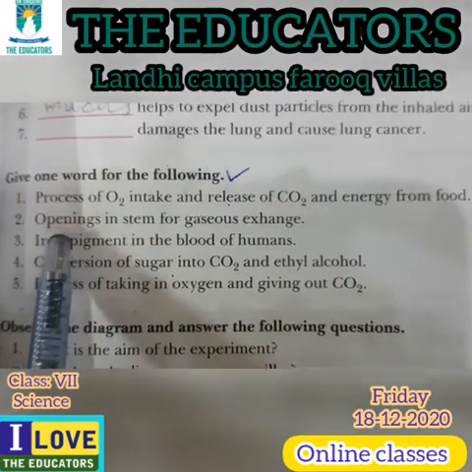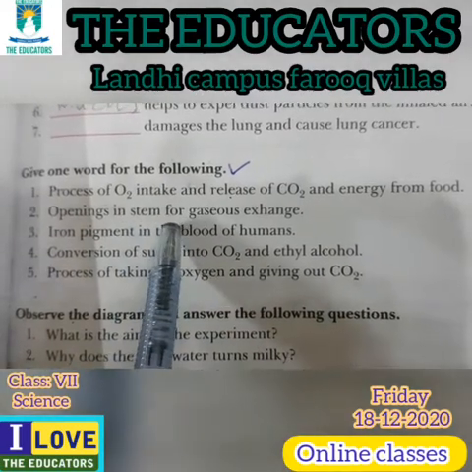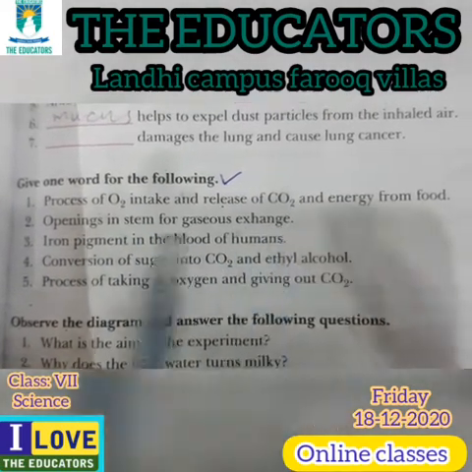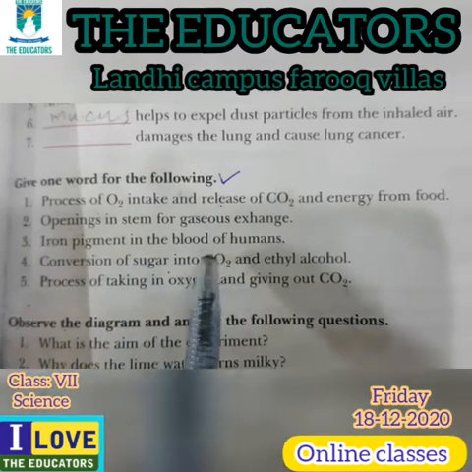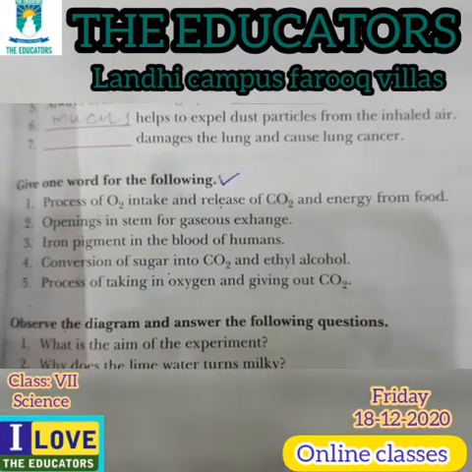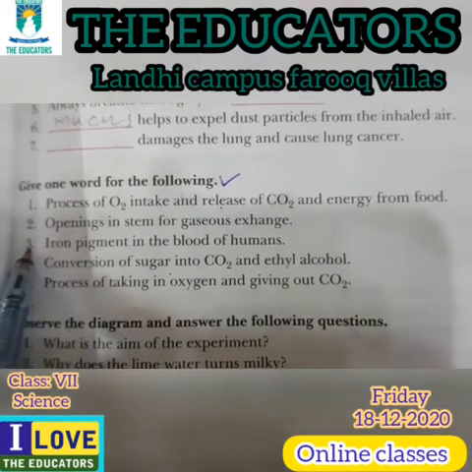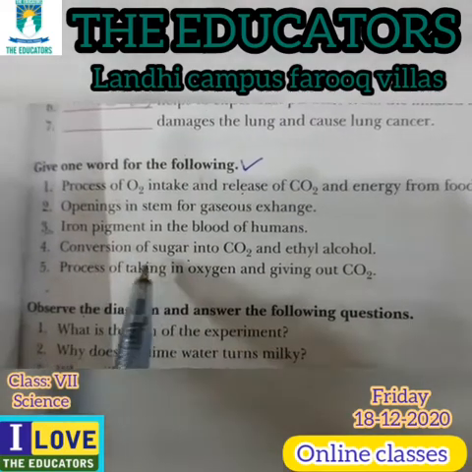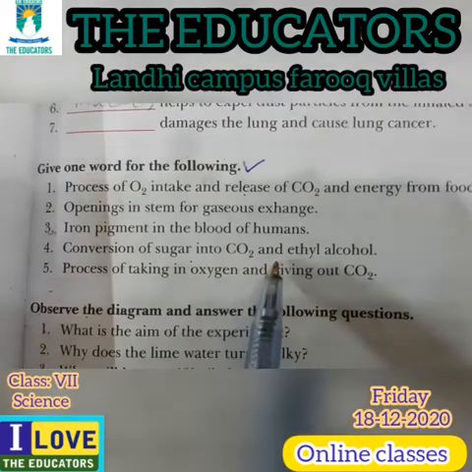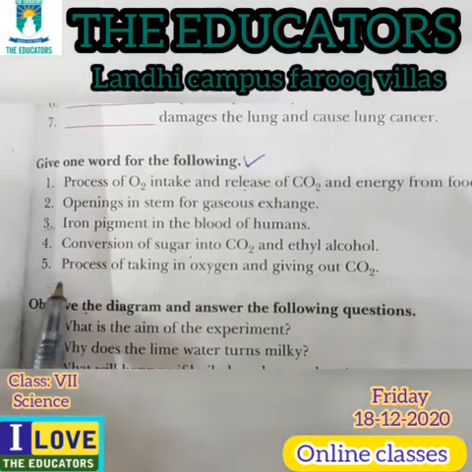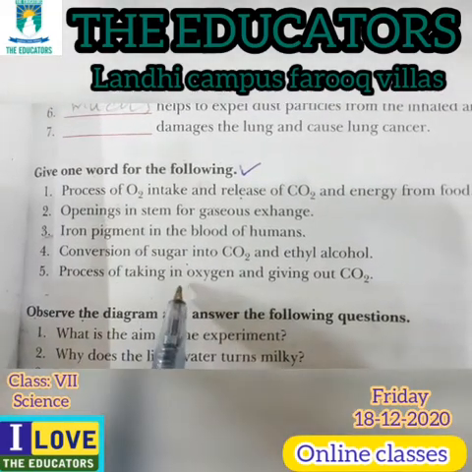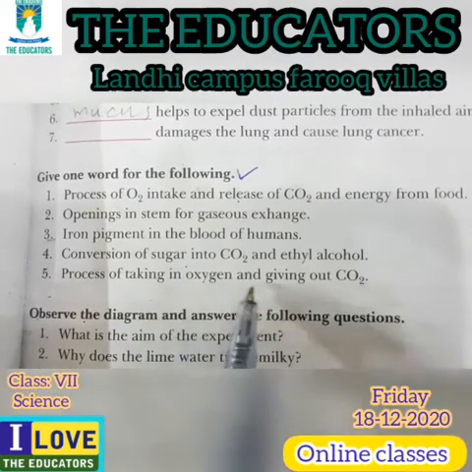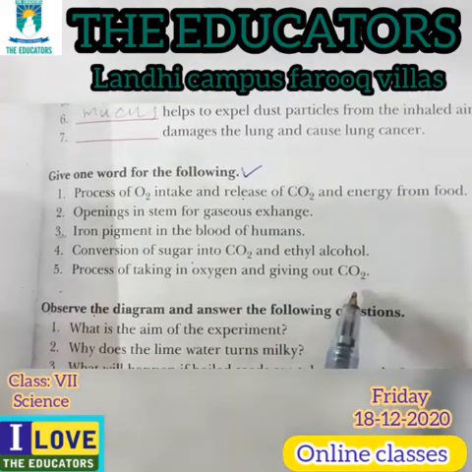Number 2: opening in stem for gaseous exchange. Number 3, iron pigment in the blood of humans, you will not do this one, but 1, 2, 4 and 5. Number 4: conversion of sugar into carbon dioxide and ethyl alcohol. Number 5: process of taking in oxygen and giving out carbon dioxide.